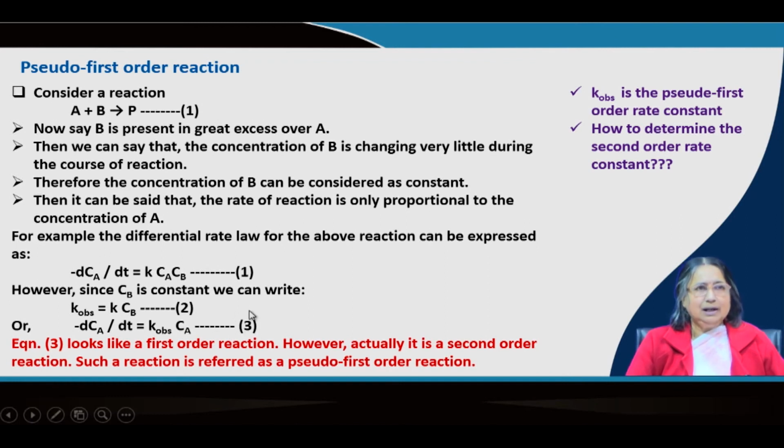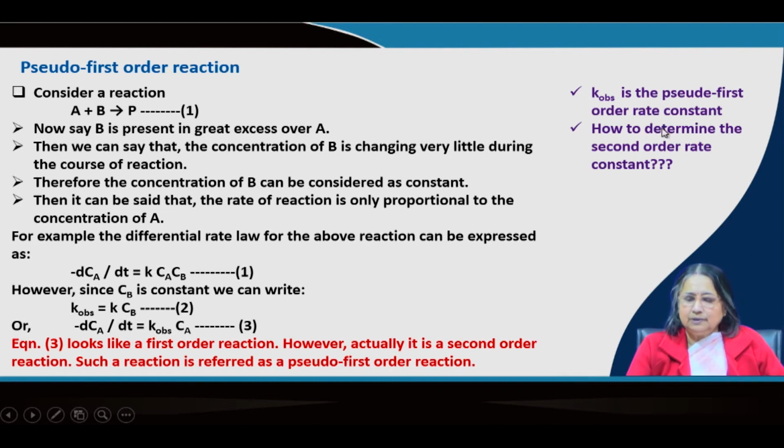Now, you can ask that if I really want to know the second order rate constant, that is K, where K observed is K into CB, then what will we do?